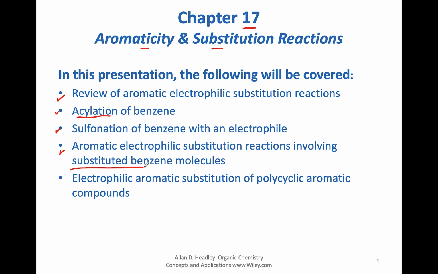So in other words, if we have a substituted benzene and there is a reaction, what will be the product of that substituted benzene? Then lastly, we'll look at the substitution of polycyclic aromatic compounds, in particular naphthalene.